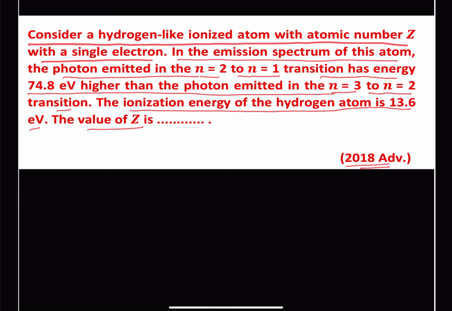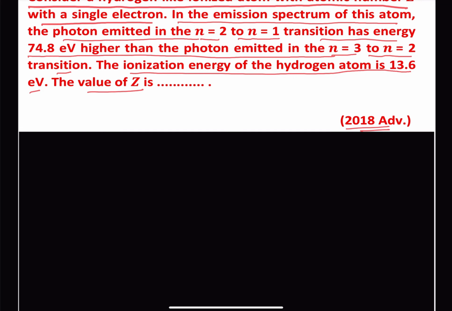So we can just use the standard equation for the energy of the nth energy level for a hydrogen atom and start from there, because we are given two transitions, the n=2 to 1 transition and the 3 to 2 transition.